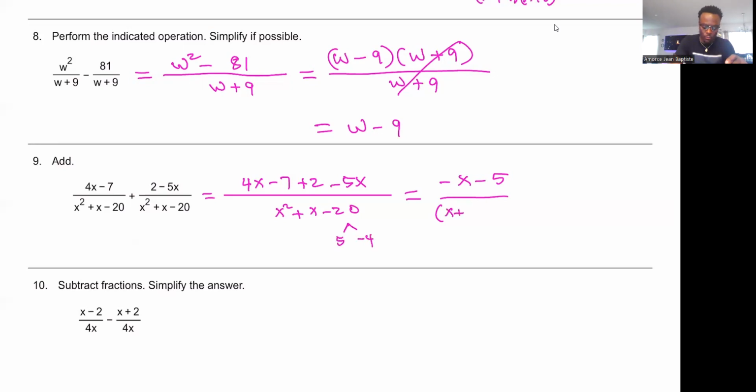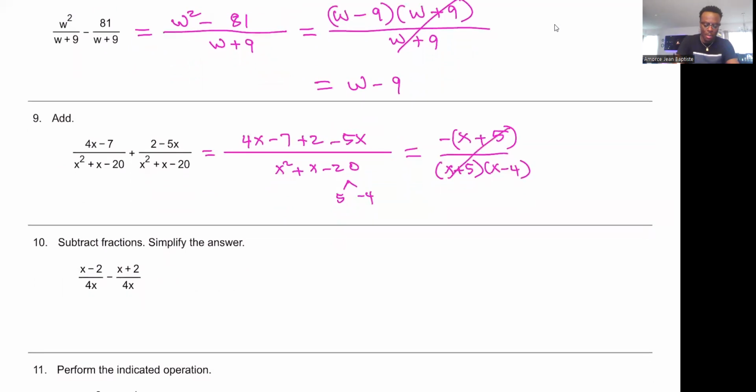So that's x plus 5, x minus 4. Then you can factor out the negative 1 here to get negative 1 out, and then x plus 5. So common factor x plus 5 gets canceled, and we're left with negative 1 on top, not just negative 1, over x minus 4 is the answer for this addition of rational expressions.